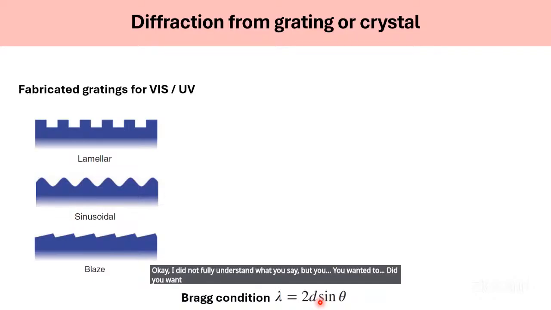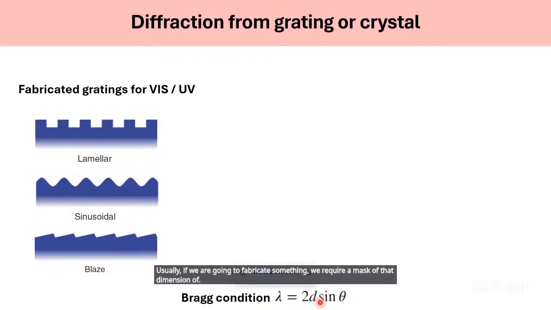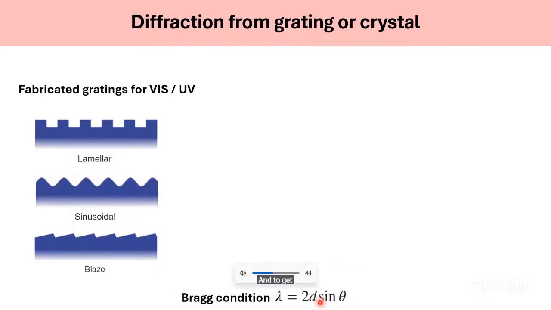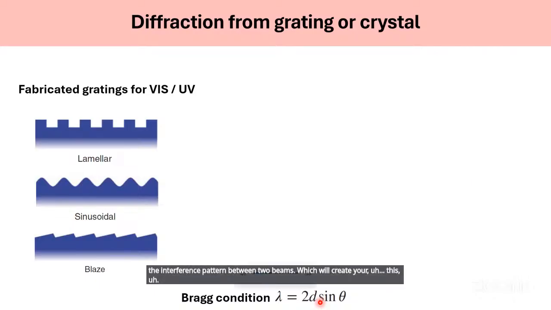Usually, if we are going to fabricate something, we require a mask of that dimension, of angstrom dimension, which will help us to fabricate these grooves. And to get such a mask, we can use the beam itself, the interference pattern between two beams, which will create the constructive and the destructive interference pattern to create such a mask.